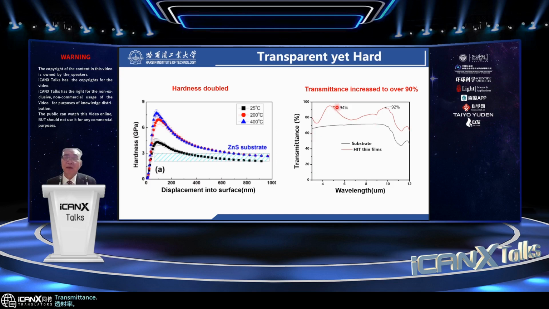But when you apply the coating, then we get in this area, the 3 to 5 region, over 90. The highest is 94% transmittance, and over this area, 8 to 12, we get this, which are all above 90%. So we're very glad that transparent yet hard is obtained.